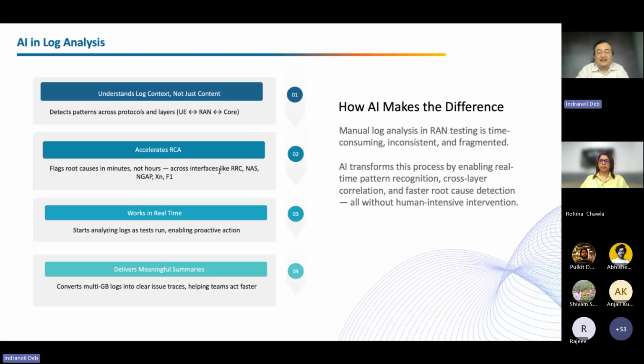So the verdict that has now been generated is more holistic, and it negates the need for post facto manual log analysis.